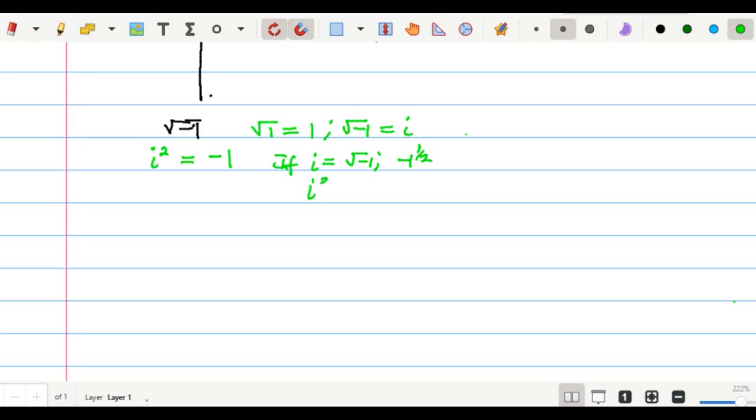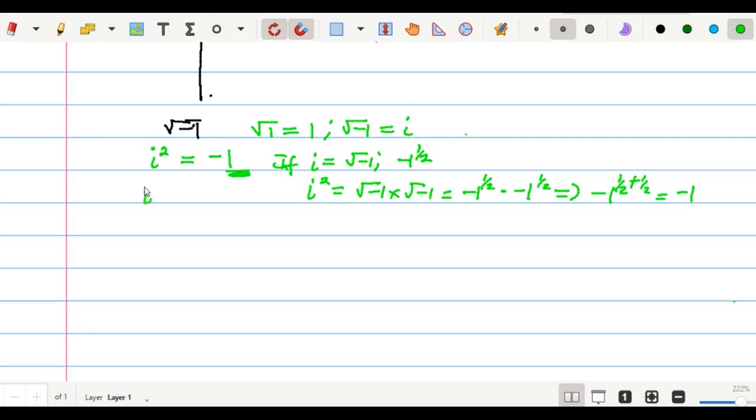So i squared will be equal to the square root of minus 1 multiplying the square root of minus 1, which is minus 1 raised to the power of 1 over 2 multiplying minus 1 raised to the power of 1 over 2. According to indices, this is minus 1 raised to the power of 1 over 2 plus 1 over 2, which is the same thing as minus 1. So i squared is known to be minus 1.